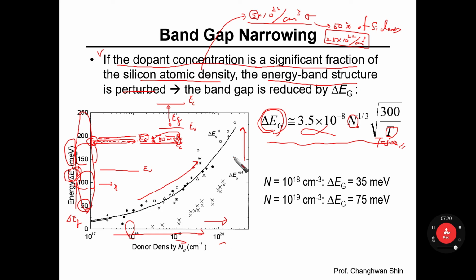So you may intuitively figure out how the donor's energy state becomes an effective conduction band edge when the silicon material is very heavily doped, in other words, if the dopant concentration is a significant fraction of the silicon atomic density.